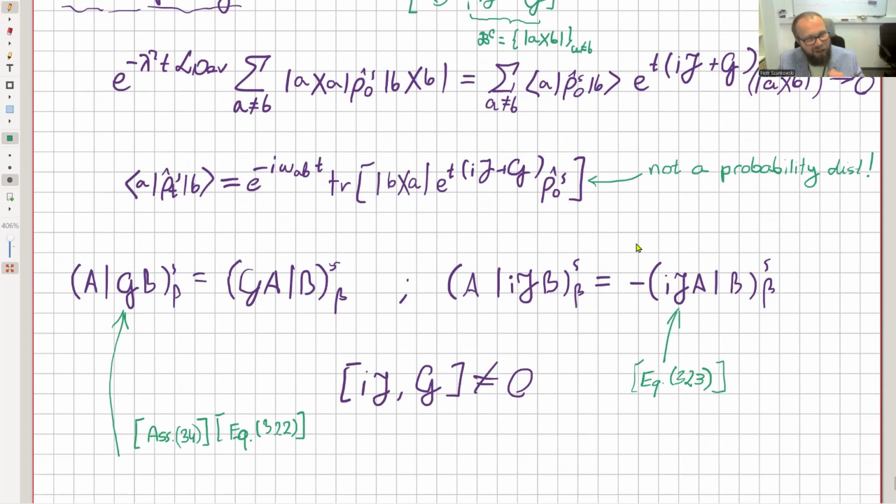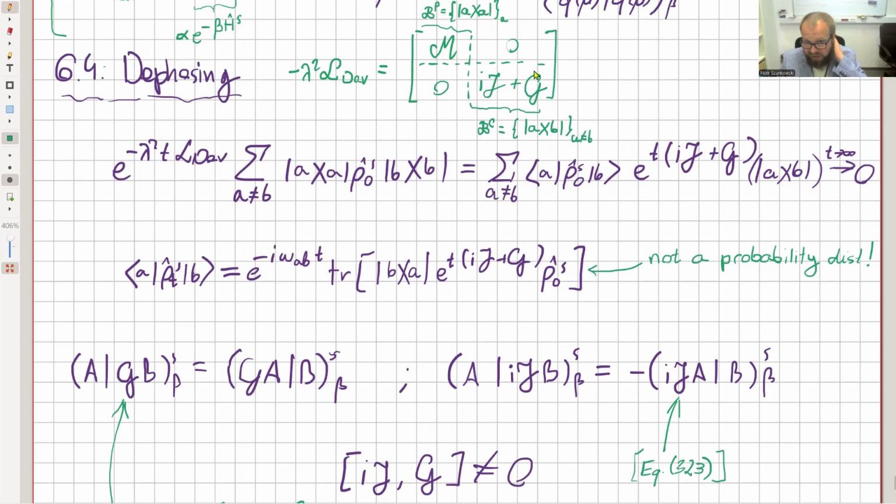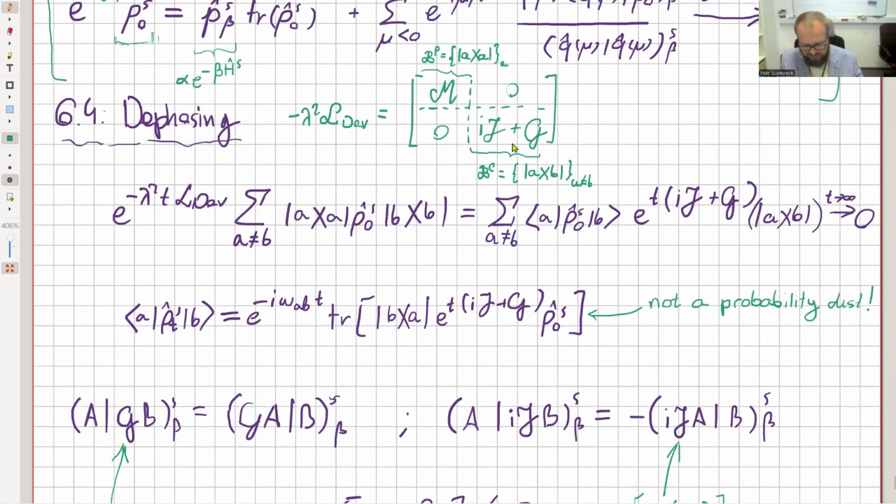But there is another complication here. So you see, I wrote here this generator in this block. It has two pieces: G, the dissipative part, let's say, and i times J. This is the Hamiltonian-like part, the stuff that is typically called the Lamb shift.